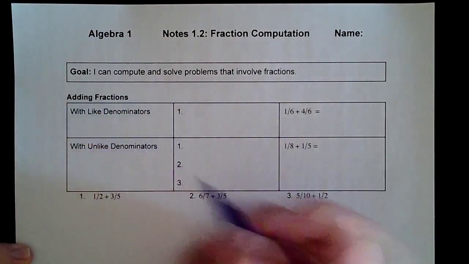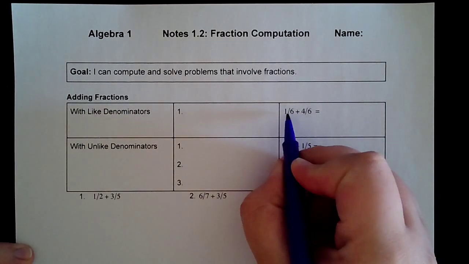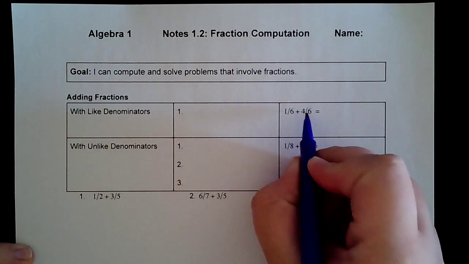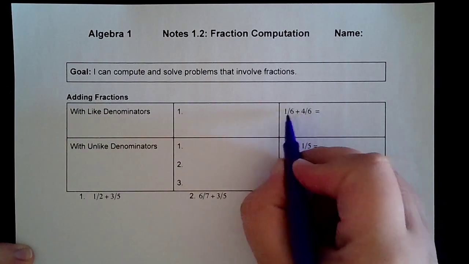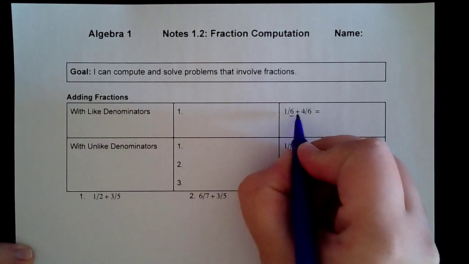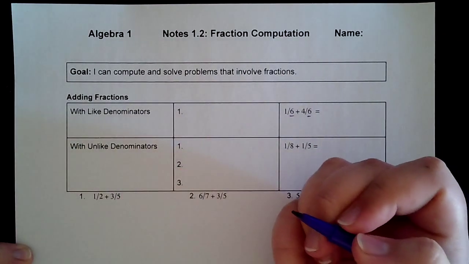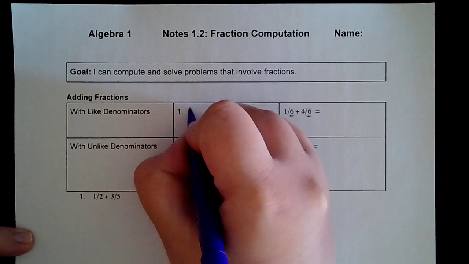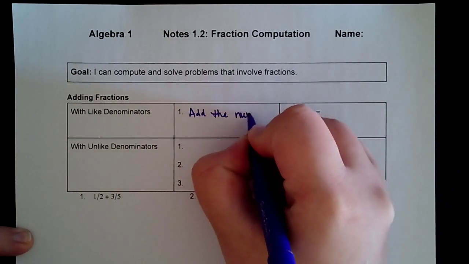Adding fractions. When we have fractions with like denominators, as you see here, 1 over 6 plus 4 over 6, these both have a denominator of 6. This makes it really easy because the only step that we need to take in order to add these is add the numerators. And I'm going to shorthand here.